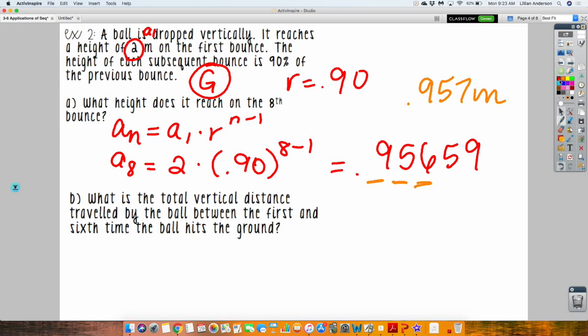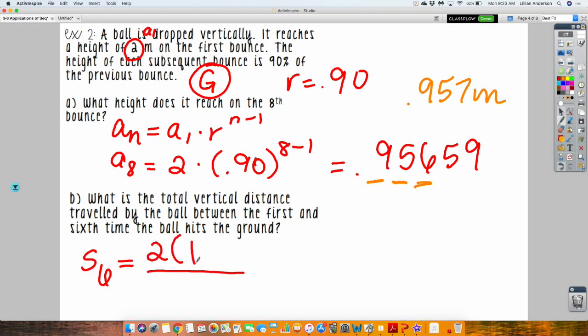Now, what is the total vertical distance traveled by the ball between the first and the 6th time the ball hits the ground? How do I figure that out? The other one, the S sub n one. What's going to be n? 6, because it's asking for the 6th time it hits the ground.